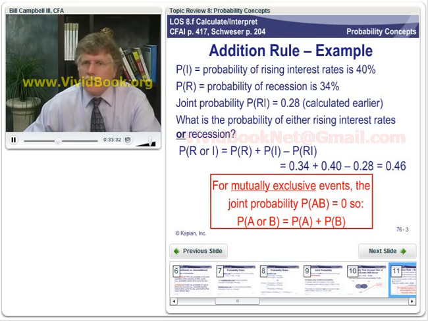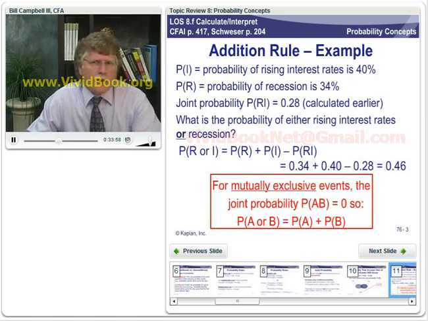Now, if the events are mutually exclusive, of course, then the probability of A and B is 0. You can't have both mutually exclusive events happening, so the probability of both is going to be 0. The formula is a little bit simpler when you have mutually exclusive events because you're just subtracting off 0, so you can ignore that. If you want to memorize this formula, that's perfectly fine.